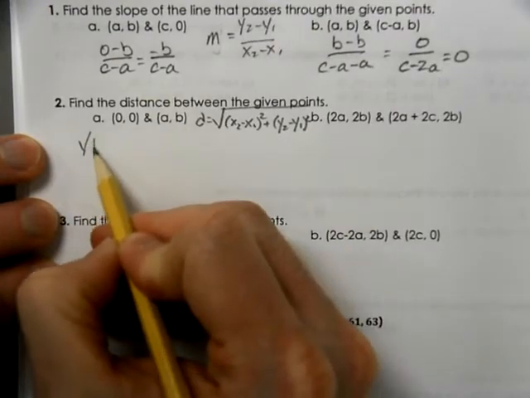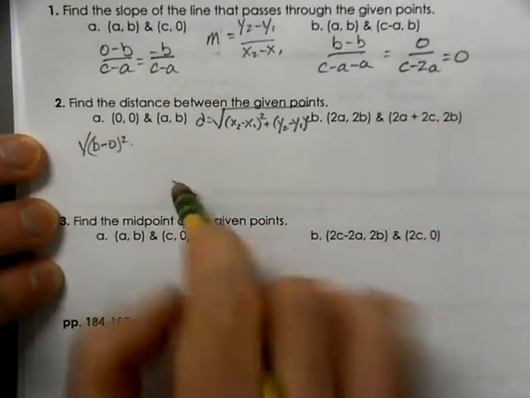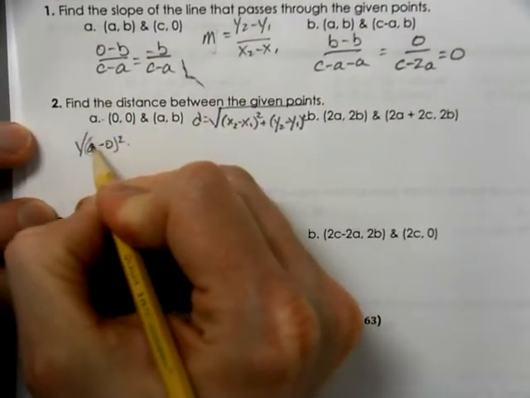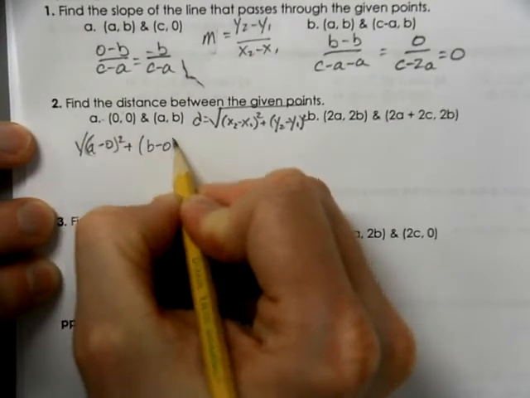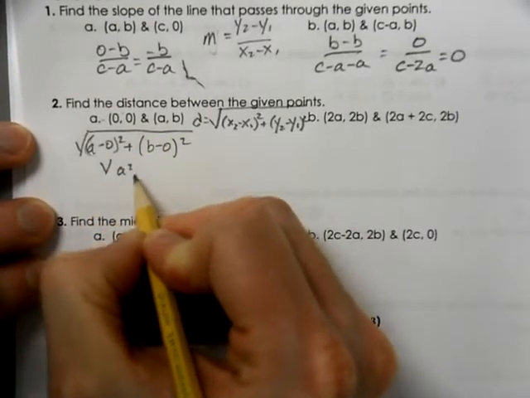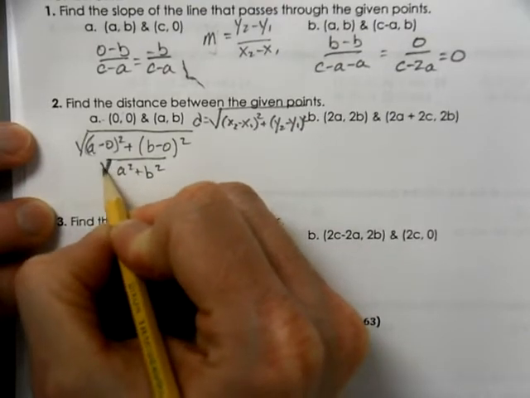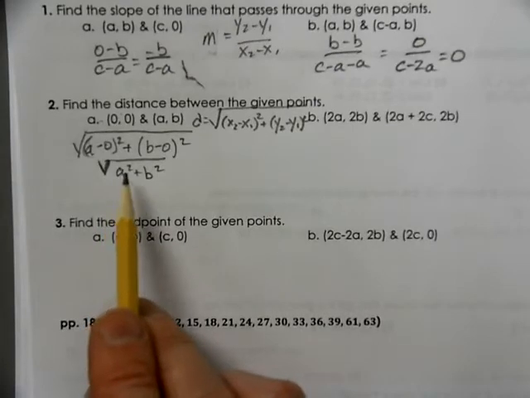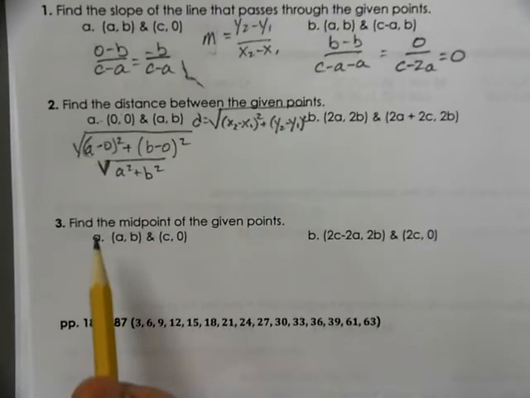So, b minus 0, actually, if we're doing our x's first, that would be a minus 0, b minus 0. That's going to leave us with a squared plus b squared. Now there's nothing we can do with that. You can't take the square root of the a squared or the b squared because of the plus.